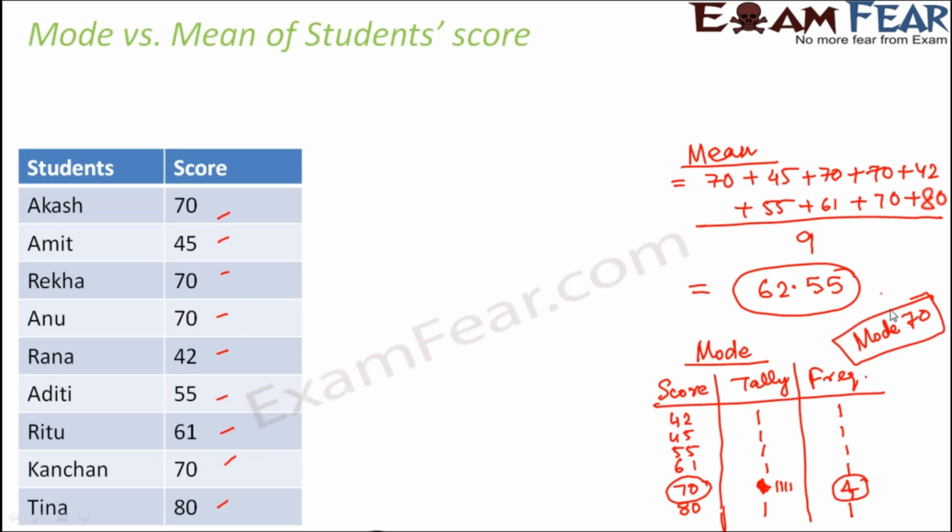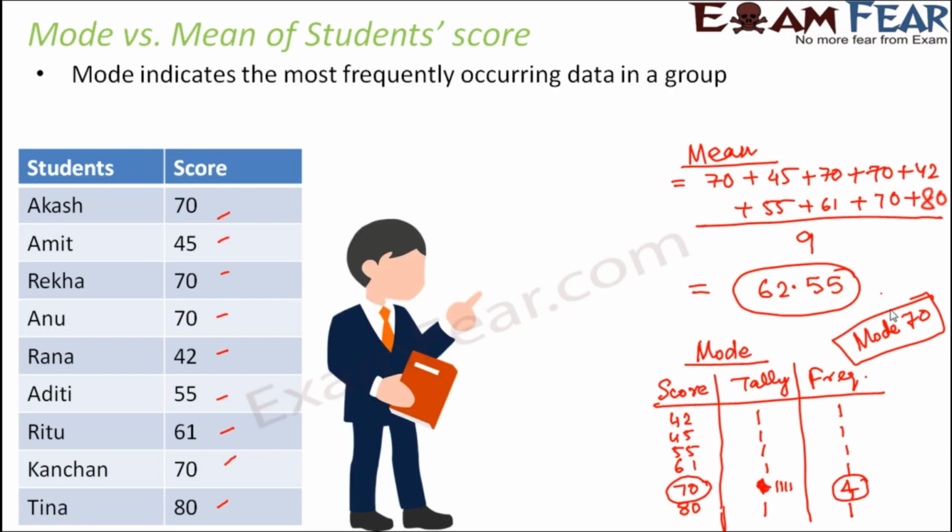But both of them in some way convey a message about the overall performance of the class. So if the class teacher goes to the principal and tells that the average score of the class is 62.55, the principal gets an idea that if I assume that everybody scored equal, then each student scored about 62% marks. Now if the same teacher tells the principal that the mode of the student score of class 7 is 70, that would mean that the maximum number of students in the class scored 70.